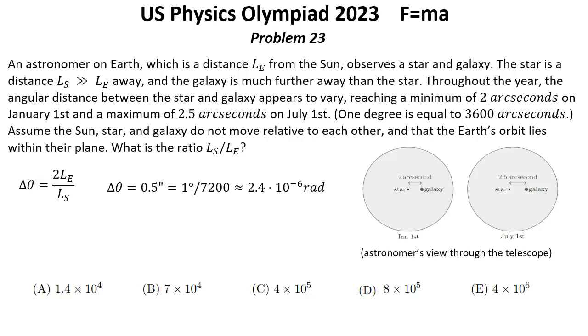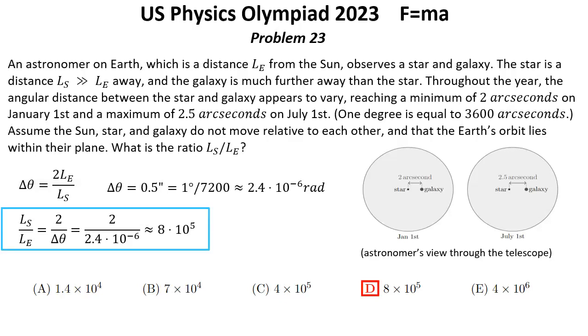Solving this, we have Ls over Le approximately 8 multiplied by 10 to the power 5, which is answer D, and that was the solution for problem number 23.